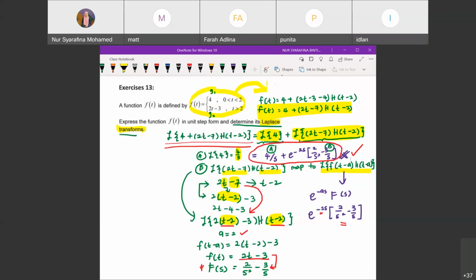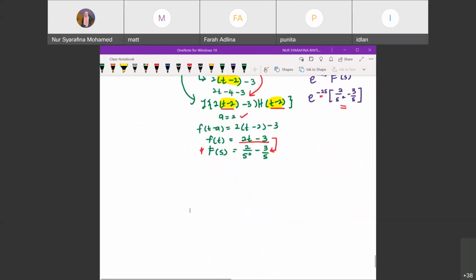All right. Okay, let's try another example. Okay, try this.